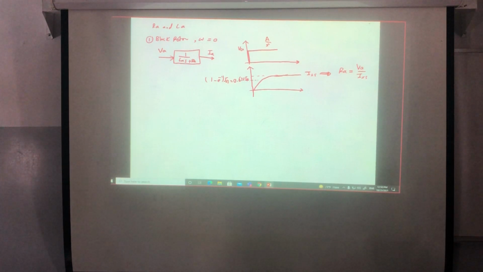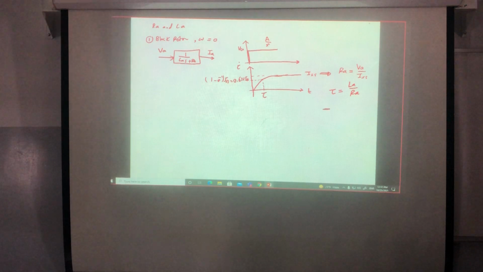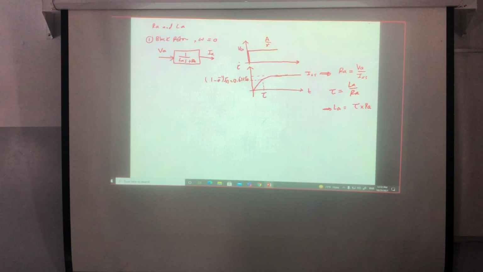Then I will project it on the time axis, and this will be tau. Now the time constant for an RL circuit is L over R, so this will be LA over RA. So now I can calculate LA, which equals tau multiplied by RA. I'm getting RA and LA.